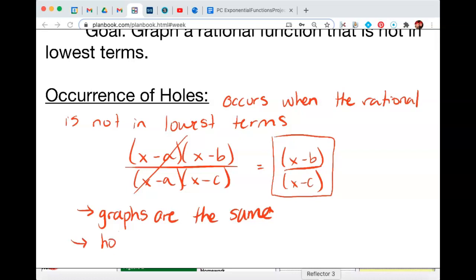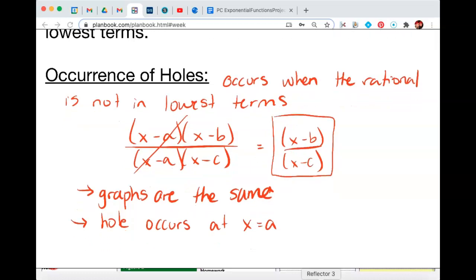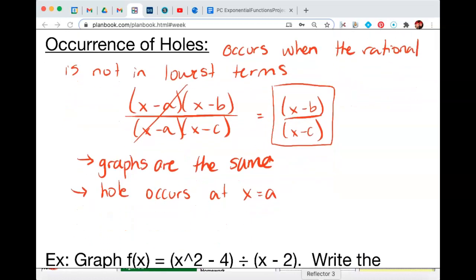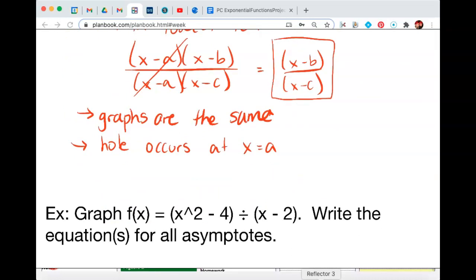But the hole occurs at x equals a. So you'll still have to plug that into the simplified rational function, (x minus b) over (x minus c). When you draw a smooth curve with it, you'll have a circle there. So you'll stop there, then start again. And we'll go through it to explain more. But yeah, we haven't had any rational functions that were not in lowest terms until this point.